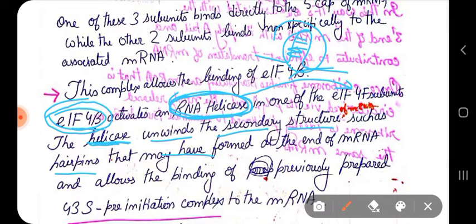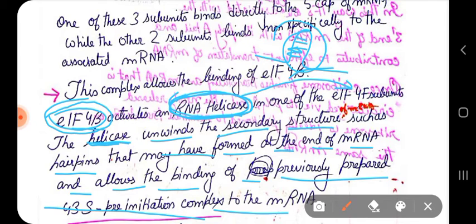This RNA helicase activity will then unwind the secondary structure if present on the mRNA, like hairpins that may form at the end of the mRNA, and allows the binding of the prepared 43S pre-initiation complex to the mRNA.